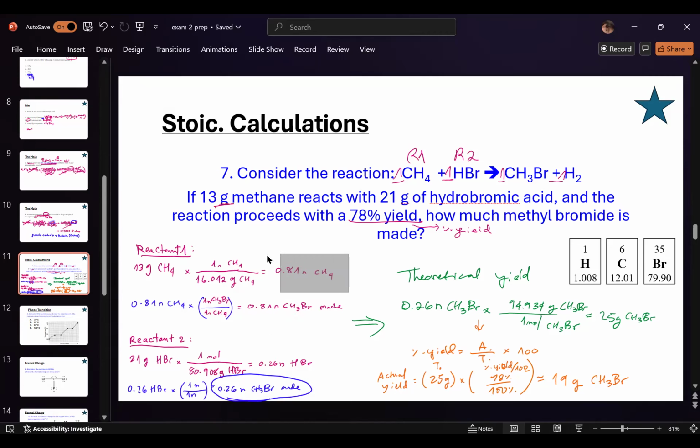Then use the mole that you see here and use a ratio to find out how much of the product you're making. After this, figure out which one is the limiting reagent. Remember, the limiting reagent is the one that you run out of first, so the one that you make less of. That will help you figure out your theoretical yield. And to figure out your theoretical yield, you have to go from mole to gram, and then go from there.